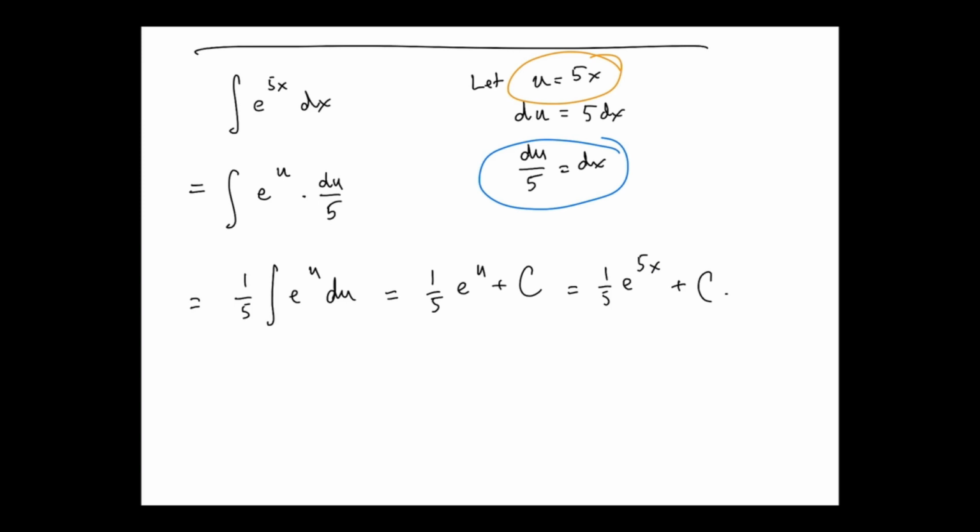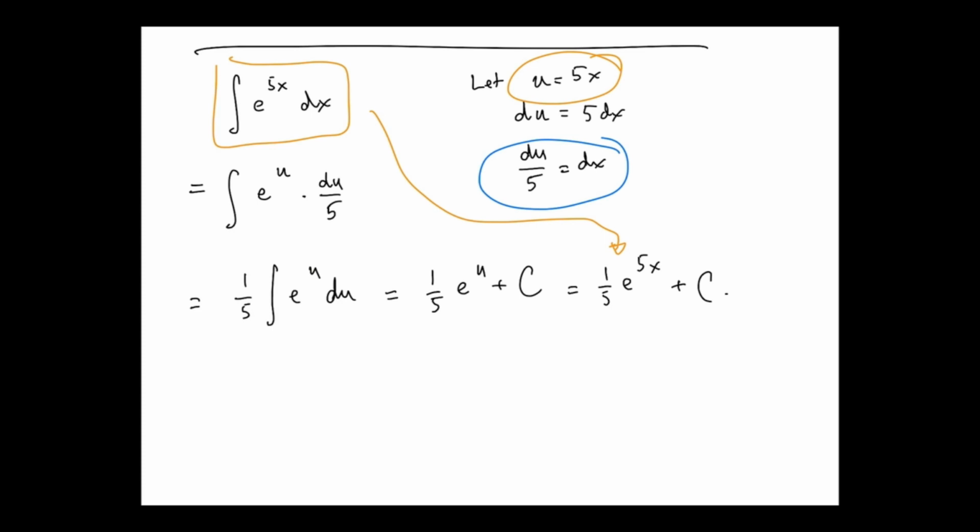Now, for something like this, if we actually had this problem for real, or it appeared in the midst of doing some other problem, by the end of next week I expect you guys to be able to go from here directly to there without having to write any of that stuff down.